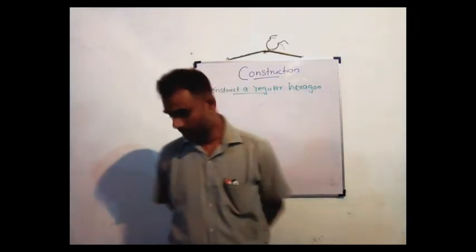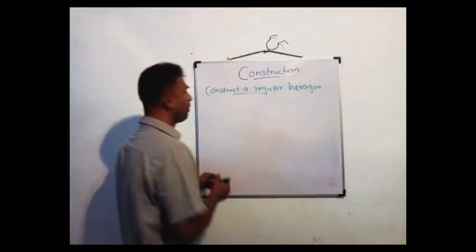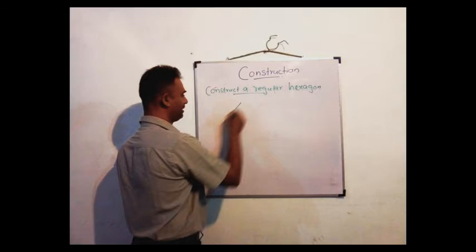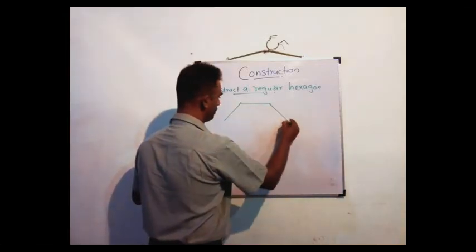Right? Hexagon is a polygon. I will draw this like this.